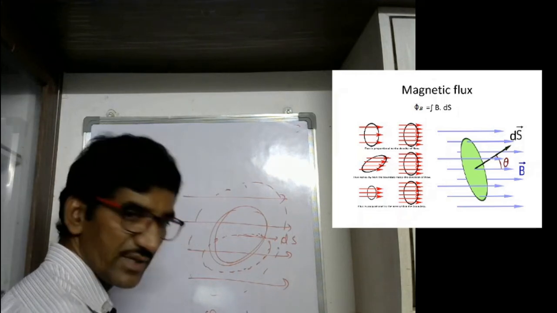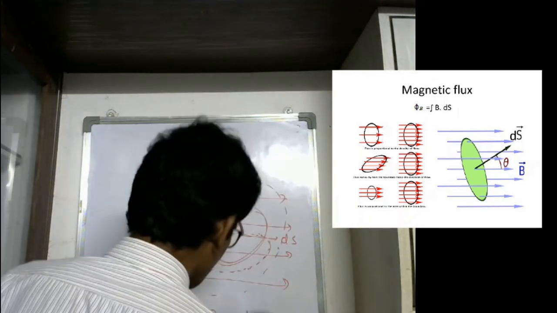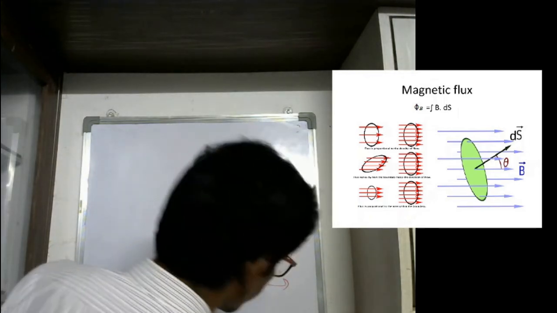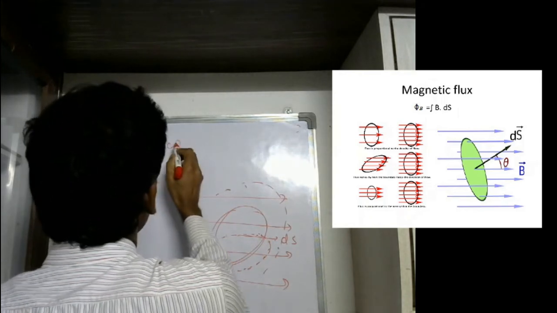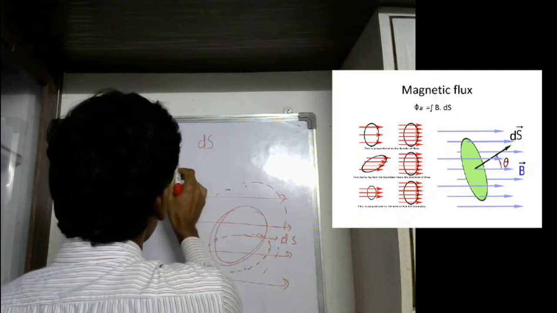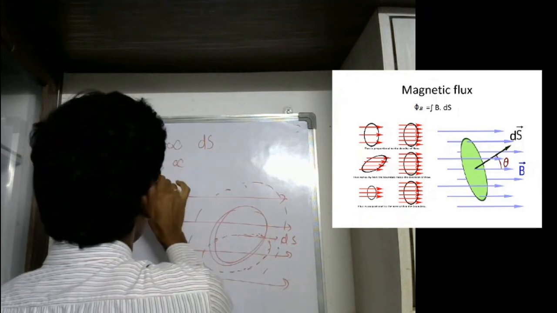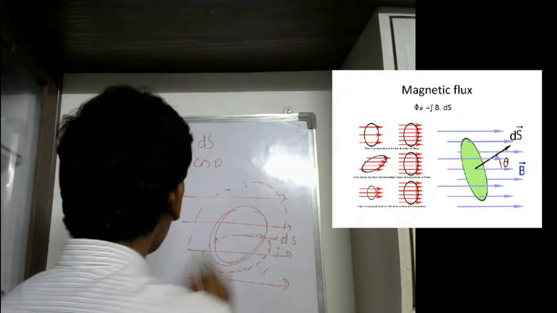Let us write phi b. What factors are influencing this phi b? Phi b is proportional to, as I already told you, ds. Phi b is proportional to theta or cos theta, the orientation of the ds.